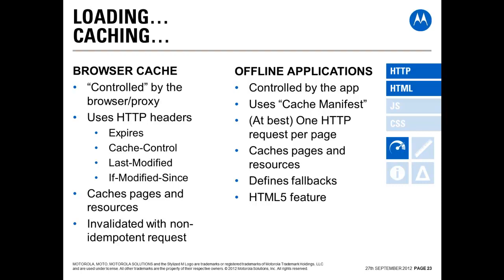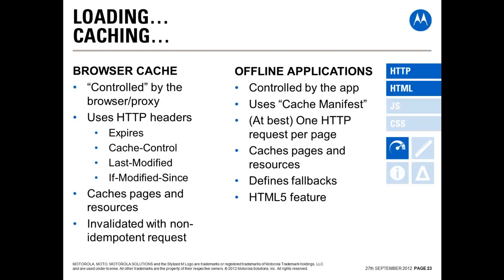The cache manifest basically gives a manifest of files to download and a manifest of files which can only be served online. And then once the web app is cached, at maximum there's only one HTTP request per page to check to see if the cache manifest is still accurate.